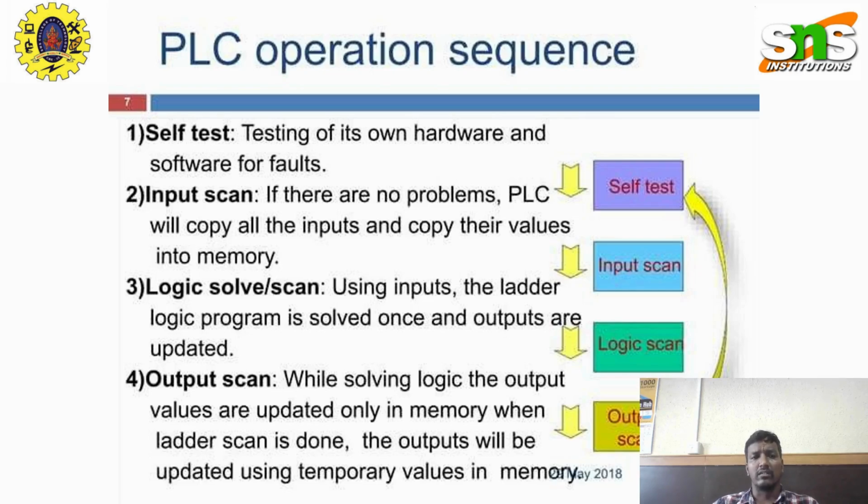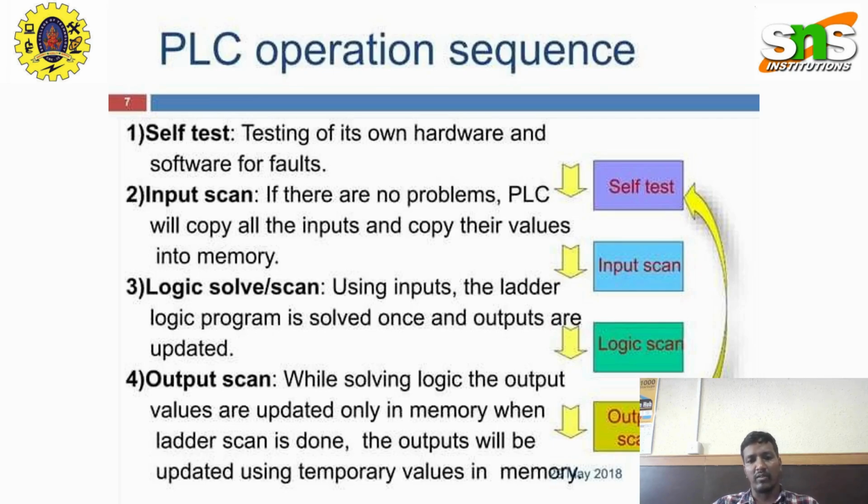In the PLC operation sequence, it is tested automatically when it starts to work. The self-test checks its own hardware and software faults. For the input scan, if no problems occur, the PLC copies all the input values into memory. For the logic scan, it solves the ladder logic program using the inputs, and the outputs are updated.